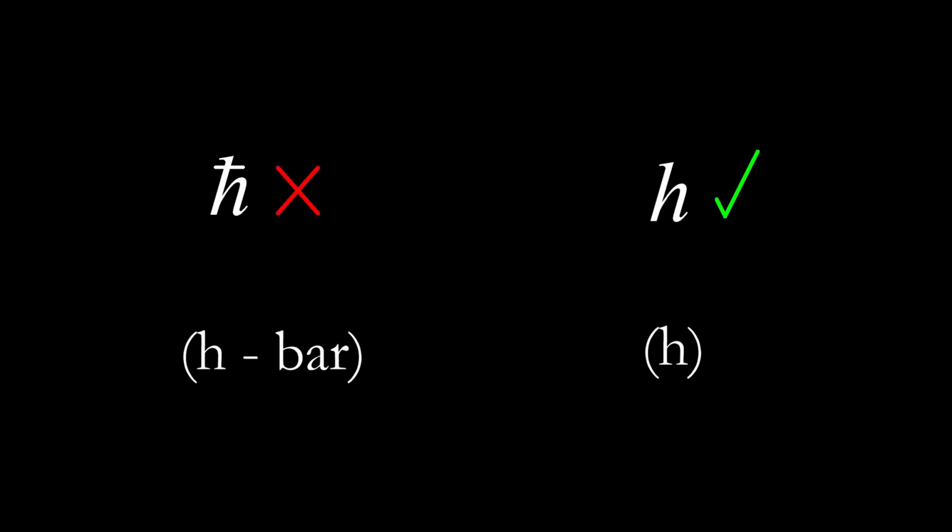So if you go to Wikipedia, for example, and look at all of the Planck units or NIST or whatever website, simply recalculate them using h, not h bar. Otherwise, you're in the dark.